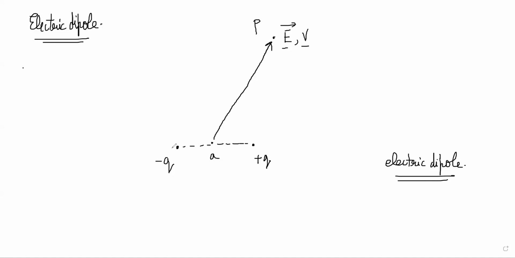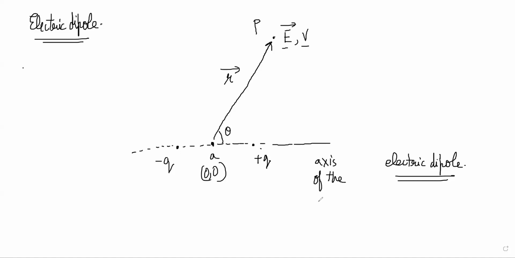And the way in which we set up the whole system is we take the negative and positive charges here, we take the midpoint or center of the dipole as our origin. And from here we draw the r vector, which is the vector to the point P. And let's say the r vector makes angle theta with the axis of the dipole. This line is the axis of the dipole.